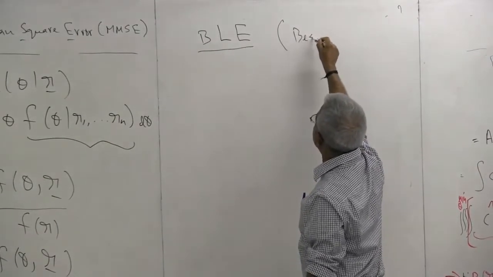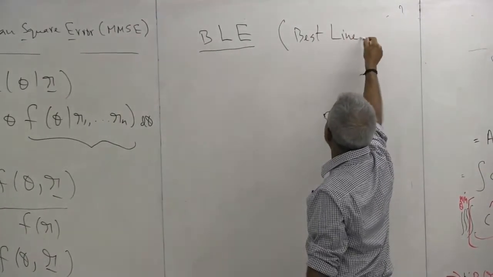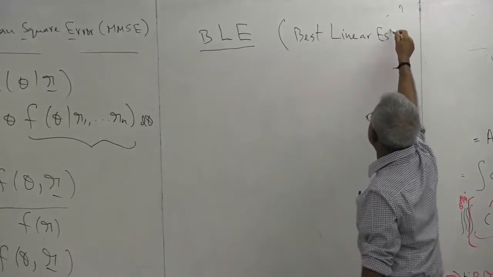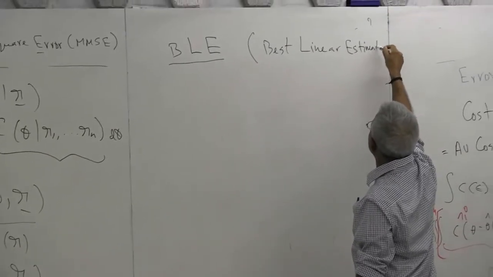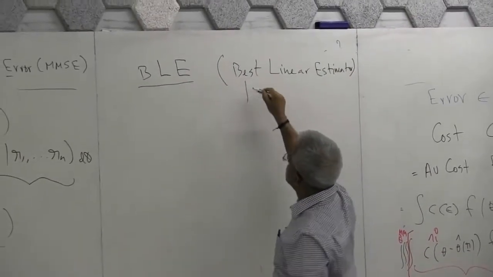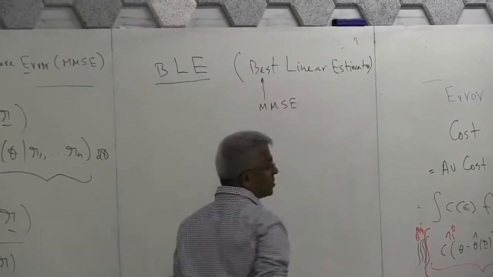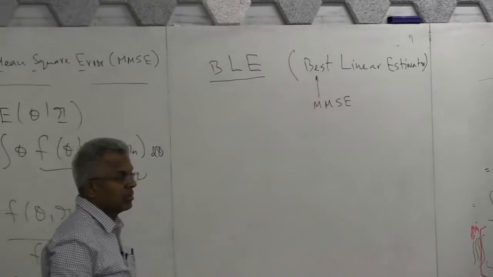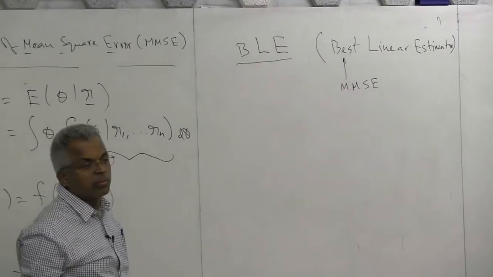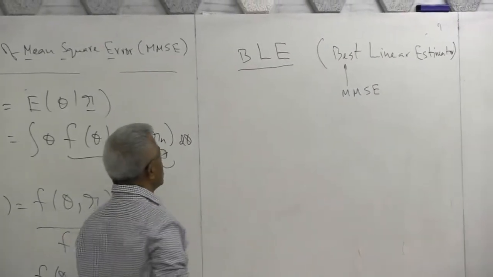so this is the best linear estimate. So best is in the MMSE sense, okay. Best is, we are still minimizing the error.